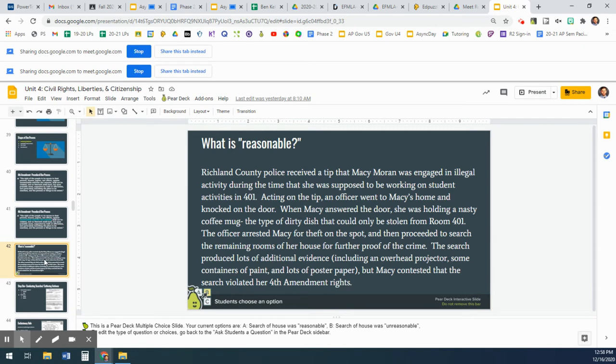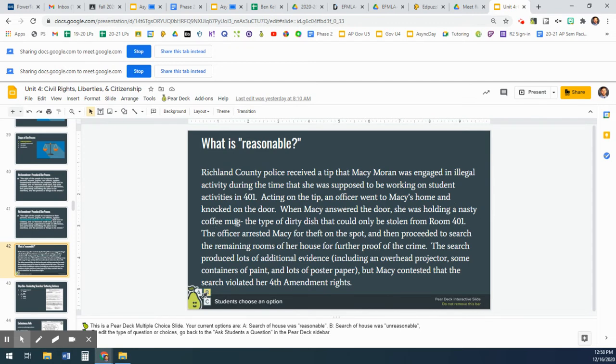This particular scenario would be considered reasonable, because when she answered the door, it was in plain sight. They call this the plain sight doctrine for criminal investigation. When the police knock on your door and they can easily see something that is illegal, in this case a very clear stolen item.